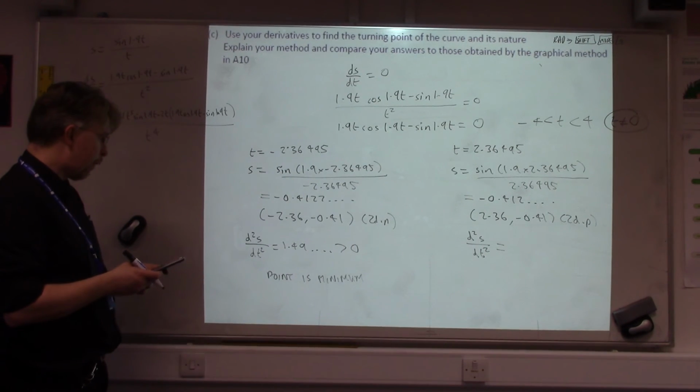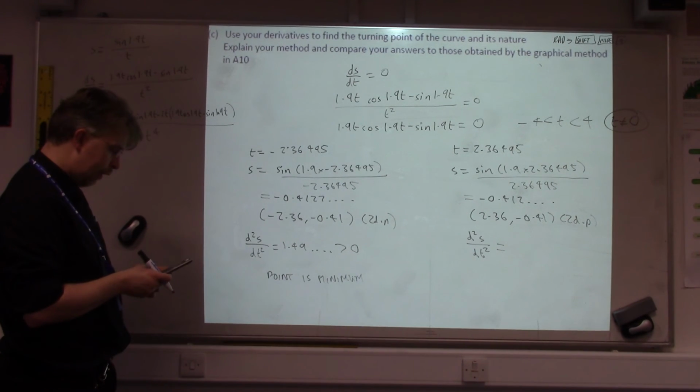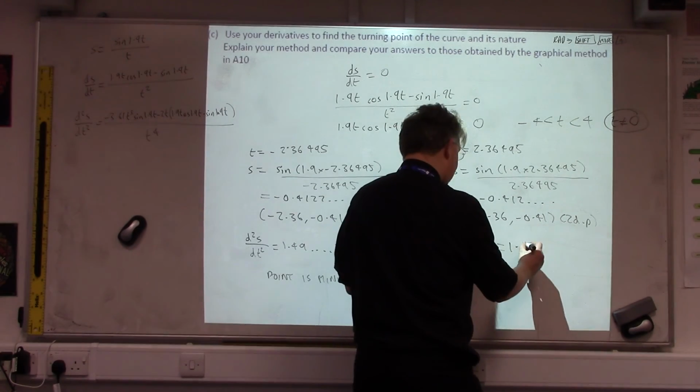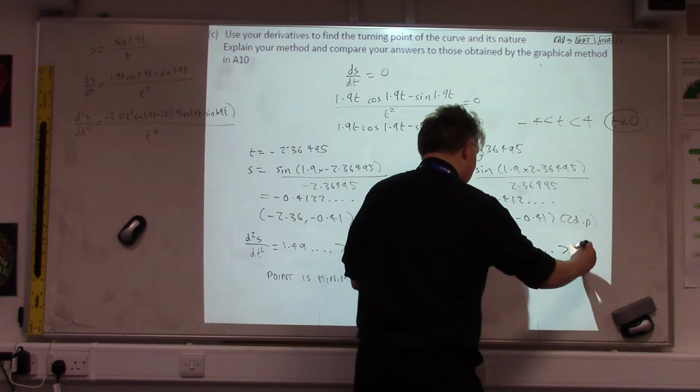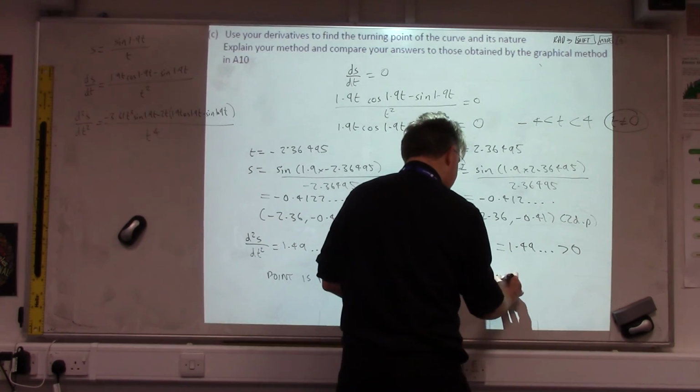So divide by 2.36495 to the power 4 equals, as expected, a lot of effort just to get the same answer: 1.49, which is greater than 0, so the point is a minimum.